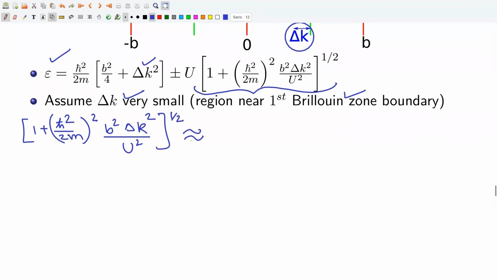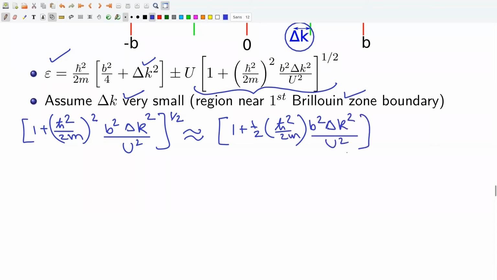So when delta k is very small, we can write it approximately as 1 plus half h cross square by 2m p square delta k square divided by u square.